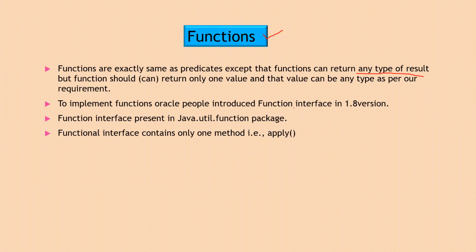In the same version, only one difference: a method called apply is available. Inside a predicate, you have a method called test. Here we have a method called apply. Are you clear on this one?